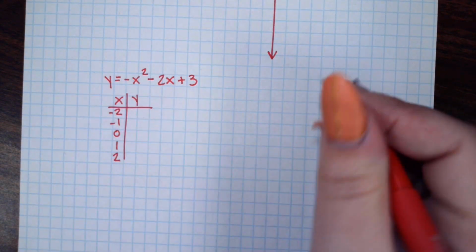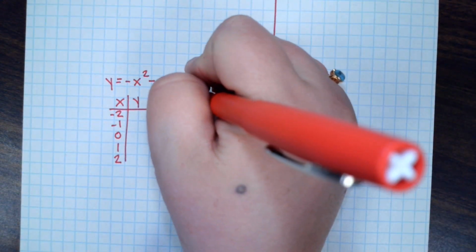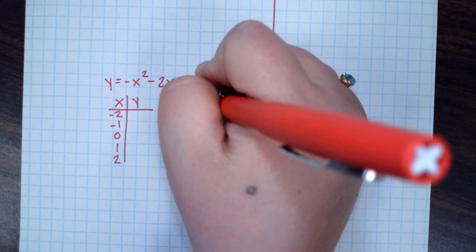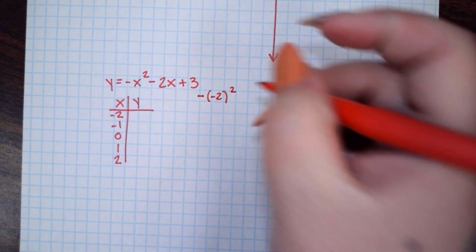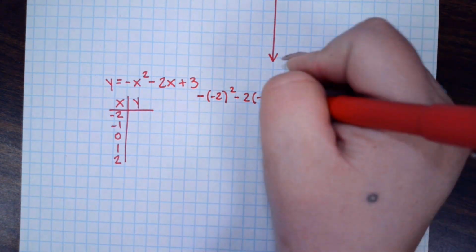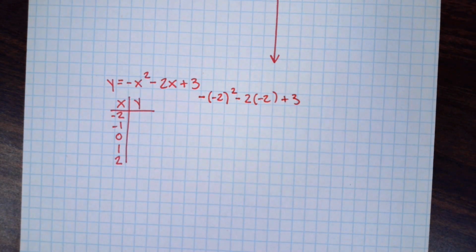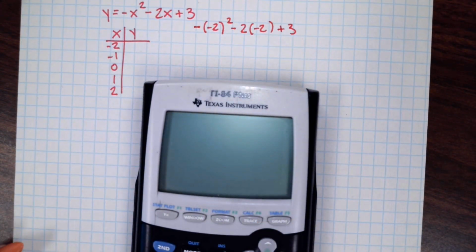So when x is -2, let's plug it in. We would get the opposite of -2 squared, right, because we have -x squared, minus 2 times -2 plus 3. Now it's just some calculator work.